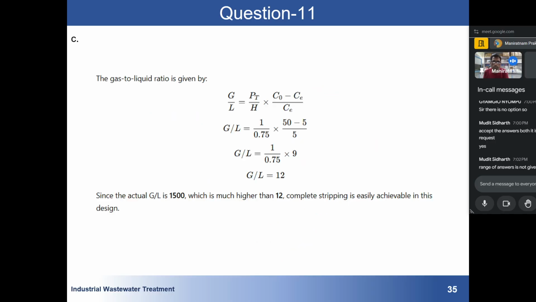Any doubt in this? Here you just have to find the gas by liquid ratio; there was no need of this data. Any doubt in this question?